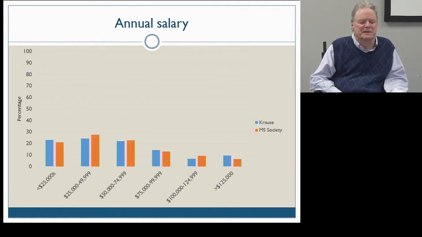There are general similarities in the MS study, with a little higher earnings in the 25,000 up through 75,000 category, but at the high end, a little higher in the Research and Training Center Quality Employment Study.